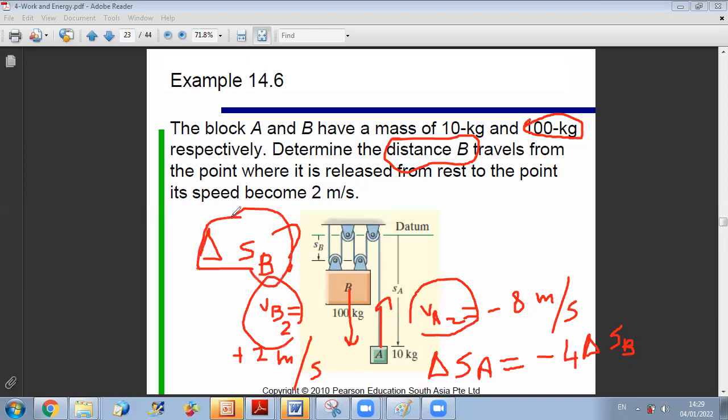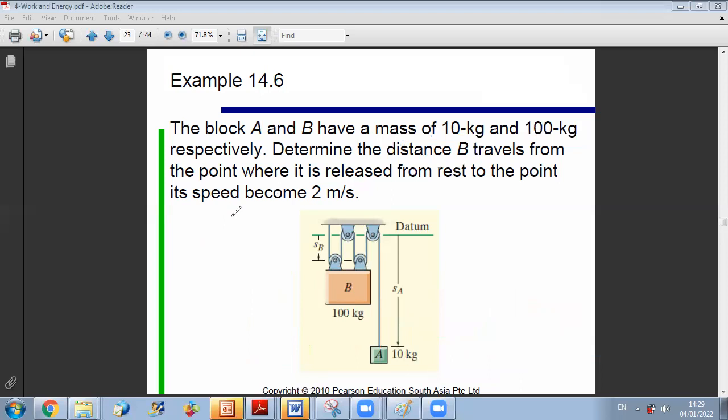And from here, we can calculate the displacement of B. If I write the principle of work and energy, the only forces doing work, as we said, are the weight of B and the weight of A. So we can write work of WA plus work of WB equals the sum of kinetic energies.